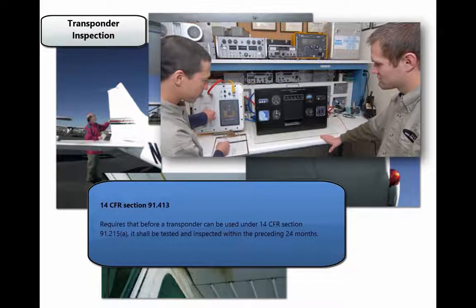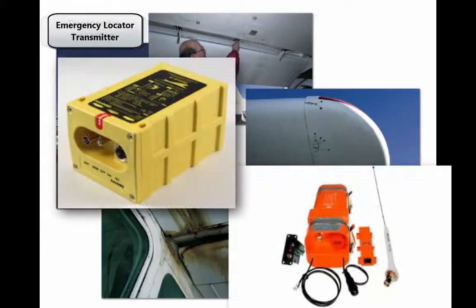Transponder inspection. 14 CFR Section 91.413 requires that before a transponder can be used under 14 CFR Section 91.215(a), it shall be tested and inspected within the preceding 24 months. Emergency Locator Transmitter.